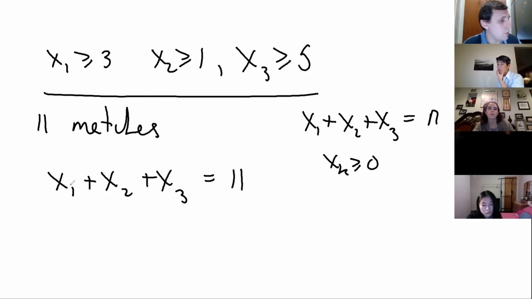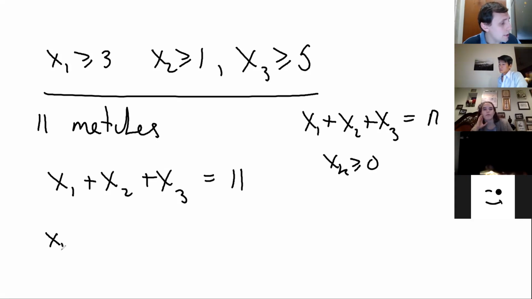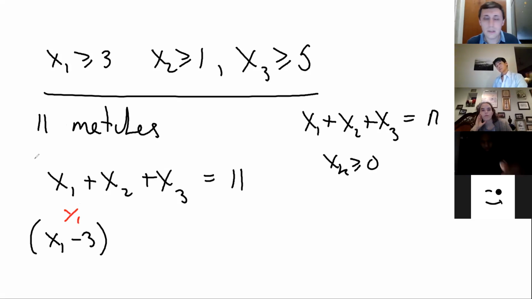Look at this equation. How many solutions are there for x1 plus x2 plus x3 equal to 11, given that x1 is bigger than 3? If x1 is bigger than 3, then I can say that x1 minus 3 is bigger than 0. Do you see? I subtract 3 and I call this variable y1. Do you see that? y1 is now bigger than 0.